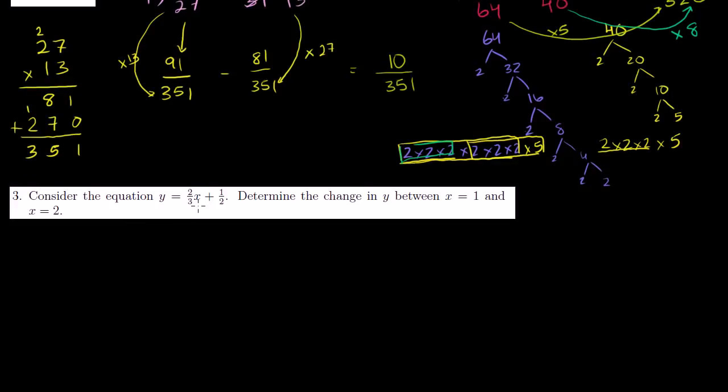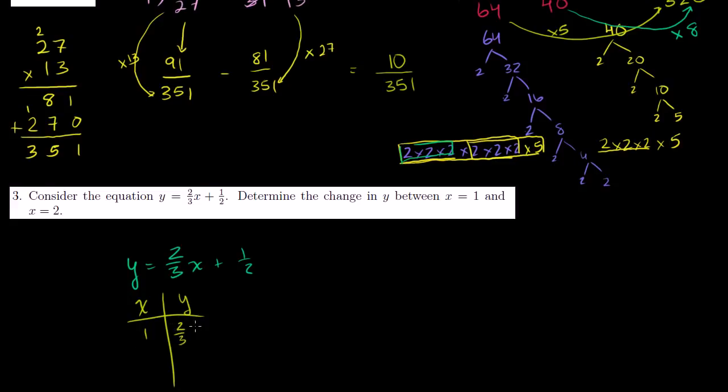Consider the equation y is equal to 2/3 x plus 1/2. Determine the change in y between x is equal to 1 and x is equal to 2. All right, let's make a little table, x and y. When x is equal to 1, what is y?